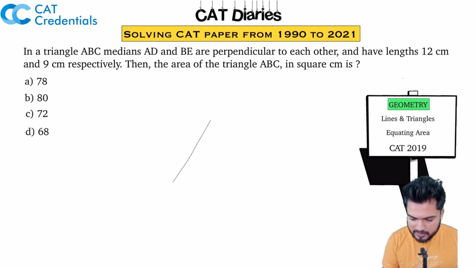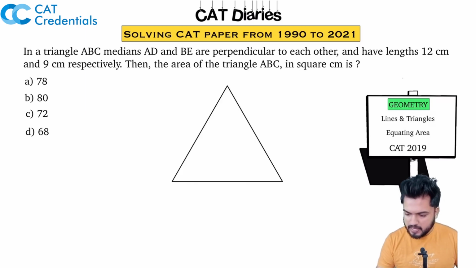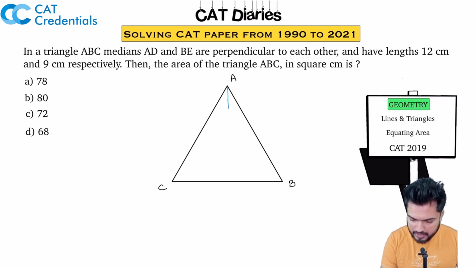So I'll make a basic triangle here. I'll name this triangle ABC. AD and BE are perpendicular to each other and they both are medians. Okay, so let's make a median. This is your AD median, which is dividing this into two equal parts.